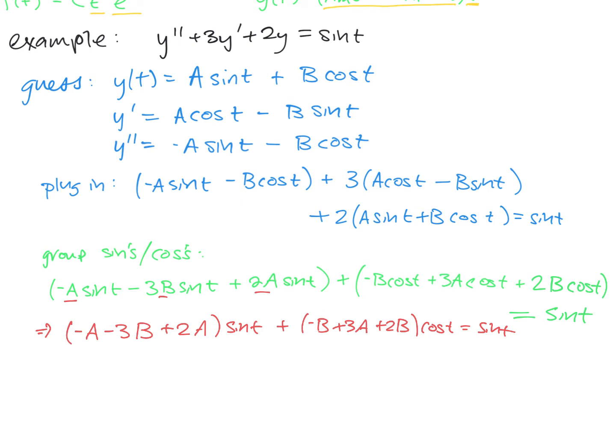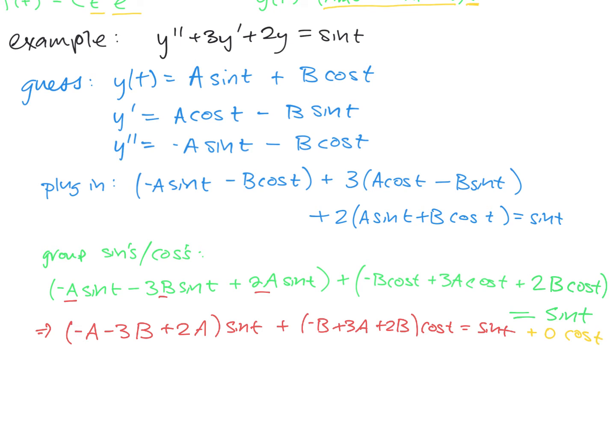Now, the deal here is that cosine and sine are linearly independent functions, okay, which means that they can't add up to each other, okay? So we really have over here plus 0 cosine t.